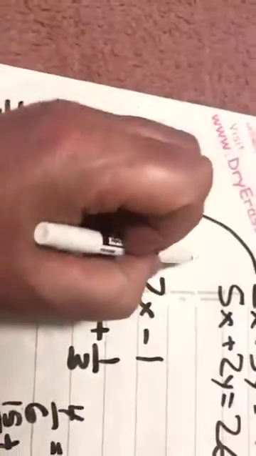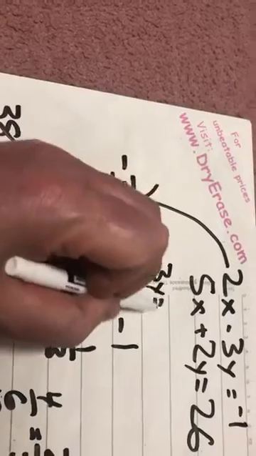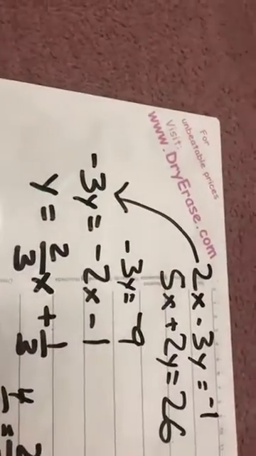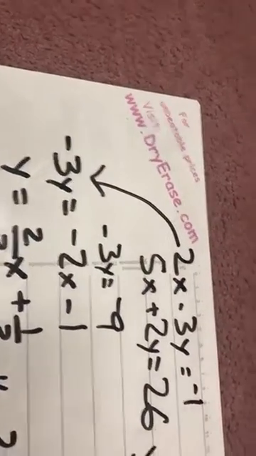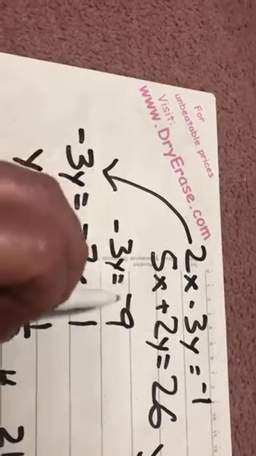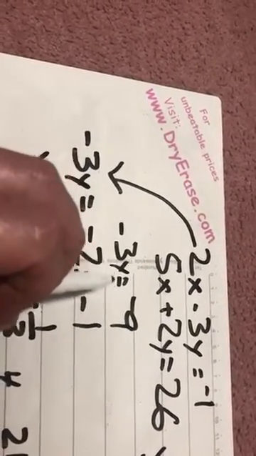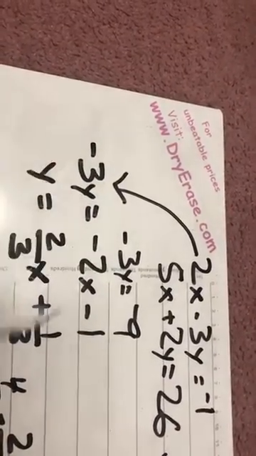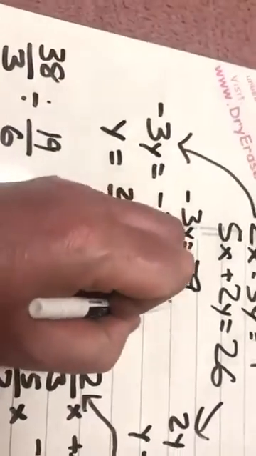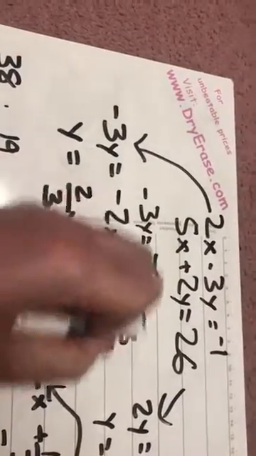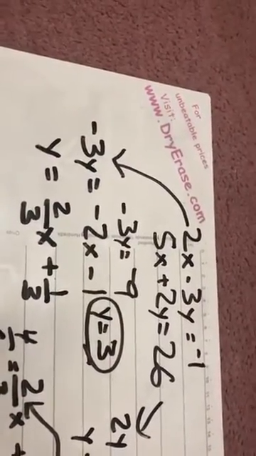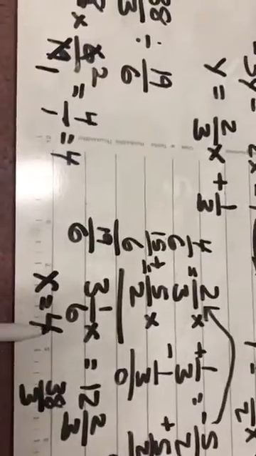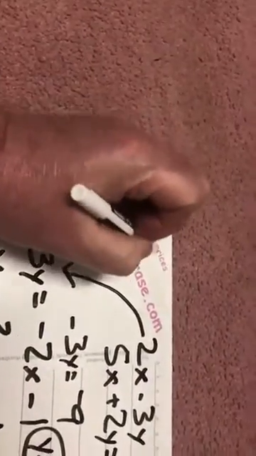So that tells me that negative 3y has to equal negative 9. That's a very simple equation to solve. To solve for y, I've got to do negative 9 divided by negative 3, which is very clearly a positive 3. So my ordered pair, x equals 4, y equals 3, is (4, 3).